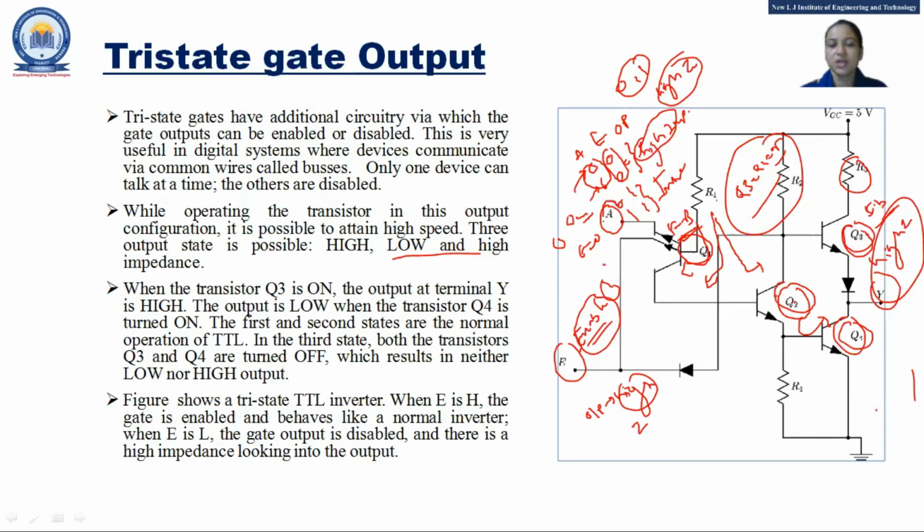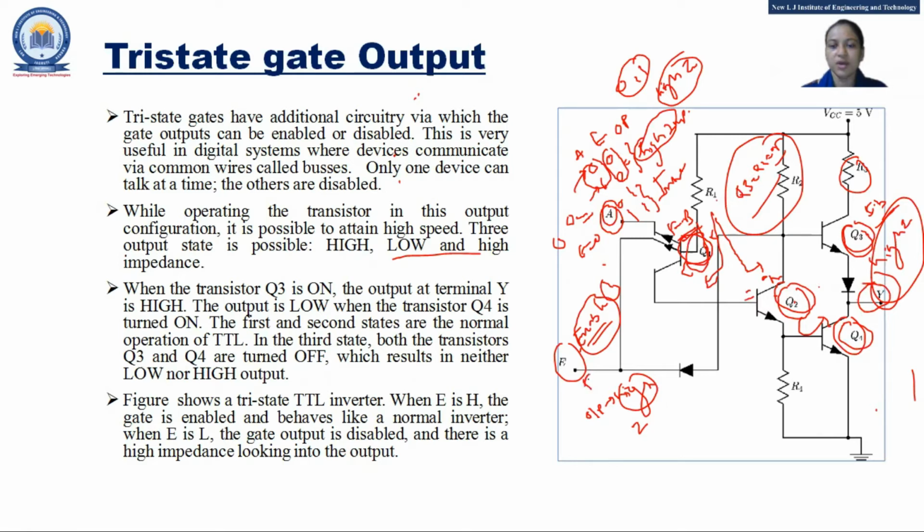This makes our circuit on. This makes Q4 also on, but it is grounded. So logic 0 is written, and here as Y, we will have the output as 0.